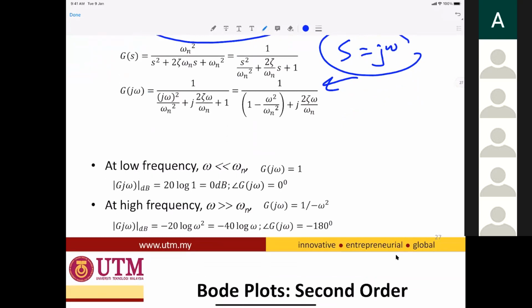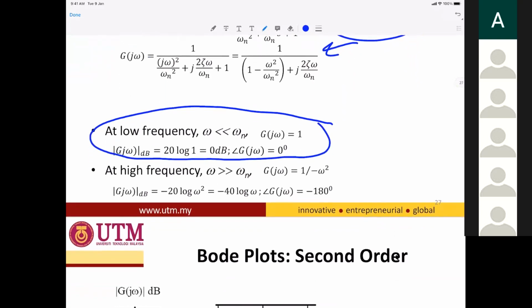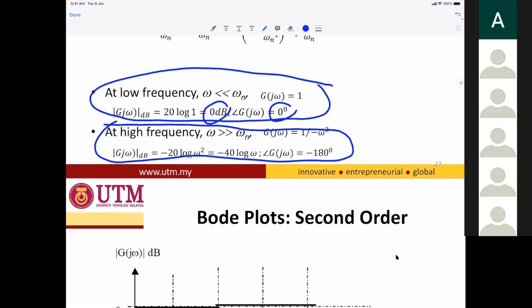At low frequency, the magnitude is 1, which is 0 decibel, and the phase is 0 degrees. At high frequency, the phase is minus 180 degrees.